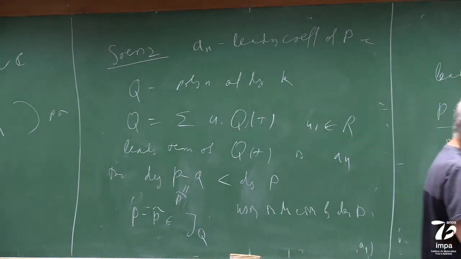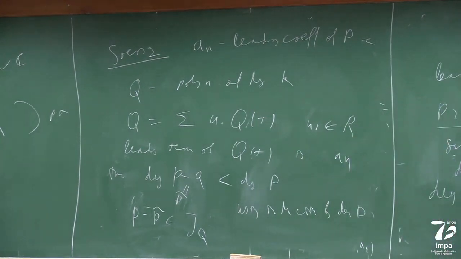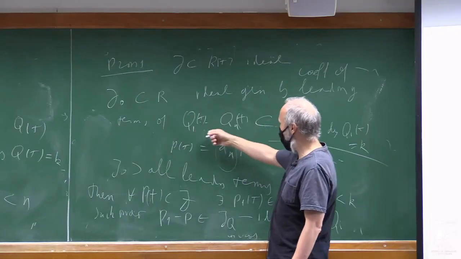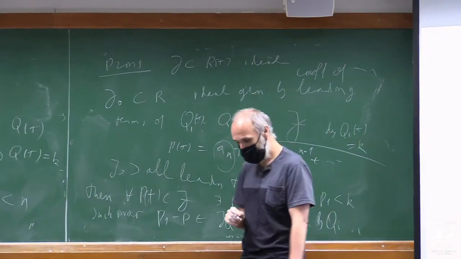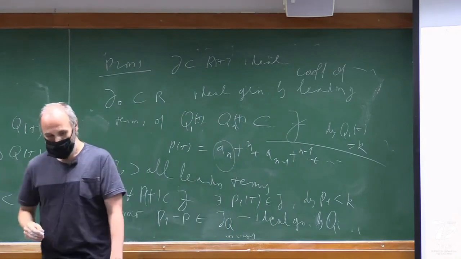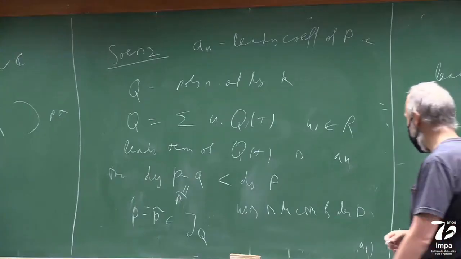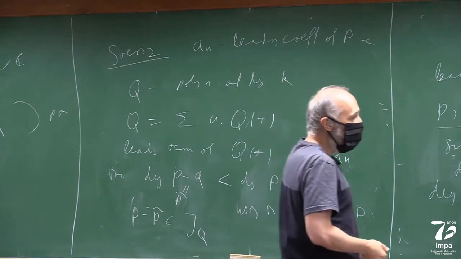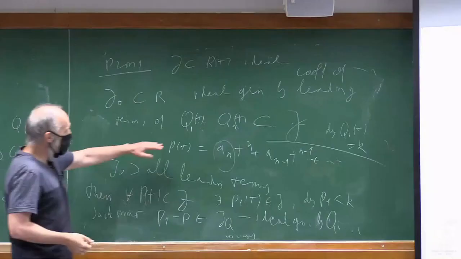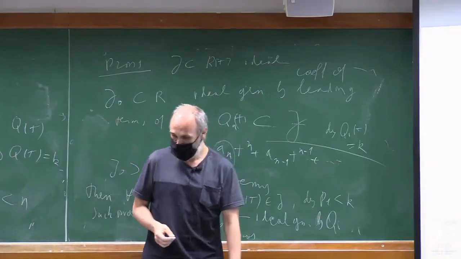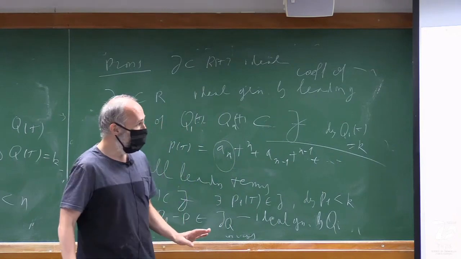And at every step we subtract the leading term, because we know that the leading terms can be expressed as leading terms of Q_i. In the end, we obtain something which has degree less than k, because all these polynomials have degree k. Is that clear so far?